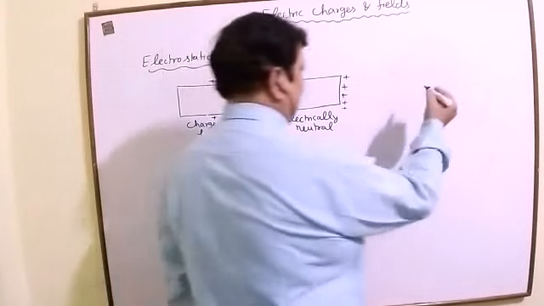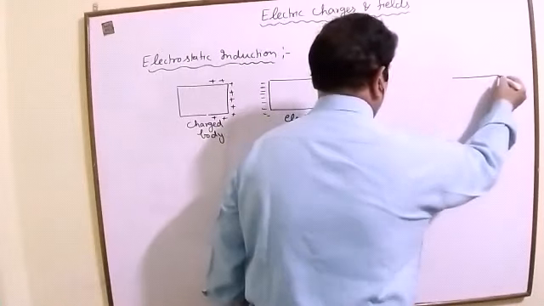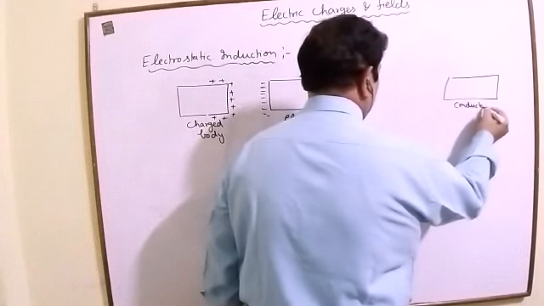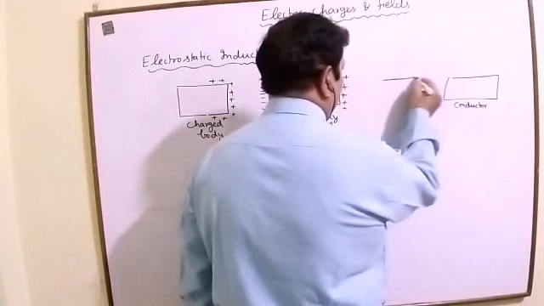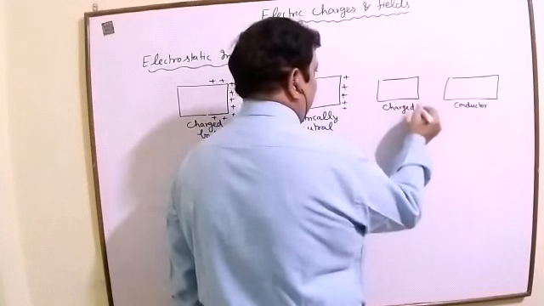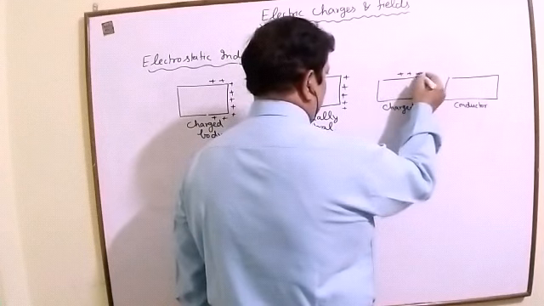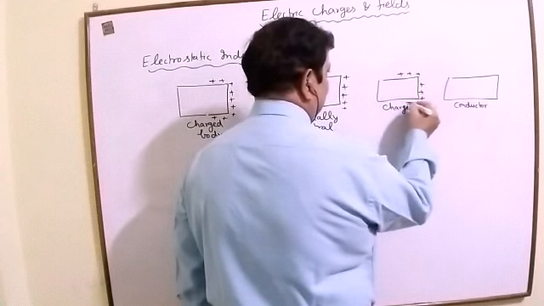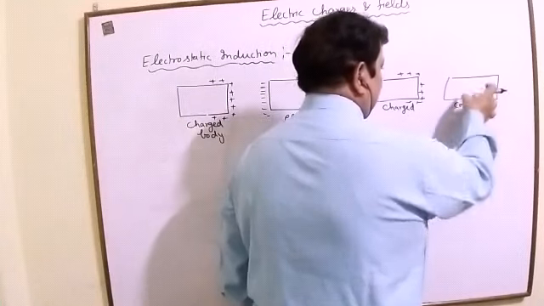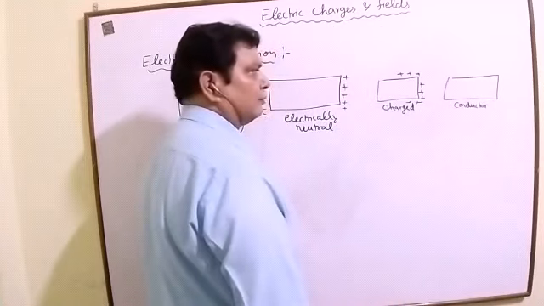Suppose there is a conducting body and near it you have brought a charged body, say a positively charged body. As I have discussed, the conductor has a large number of free electrons.